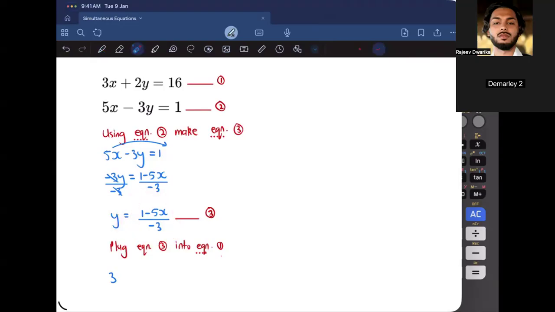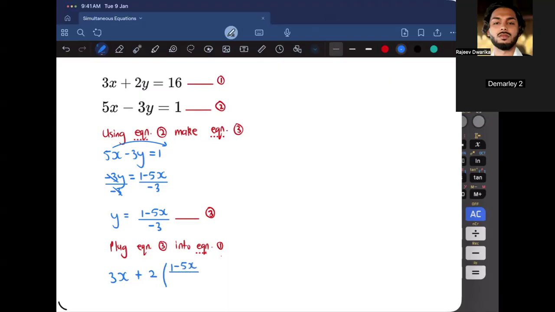Now I might lose it here. Stay with me, this is the trickiest example. It doesn't get trickier than this. So I'm going to write 3x plus 2. Do I need to put brackets? Yes, I need to put brackets because it's a binomial.